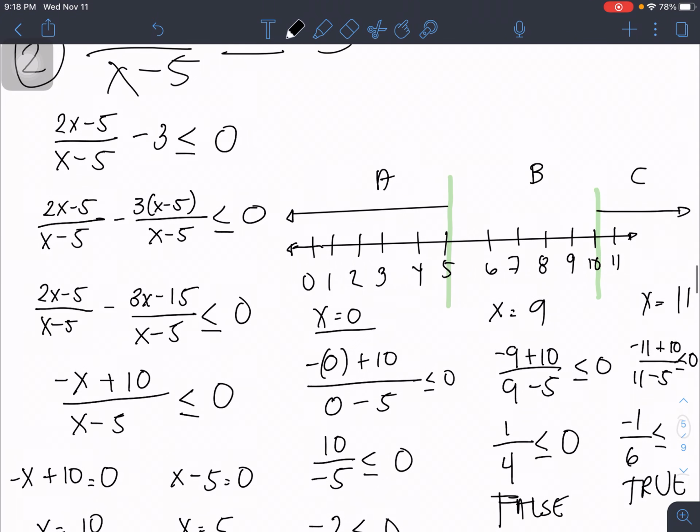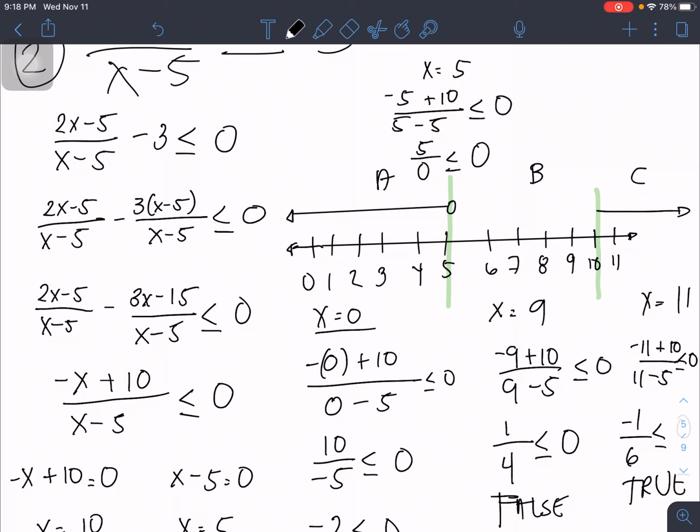So if 5 is included, let's check. -5 + 10 will be 5, and 5 - 5 is 0. And we already know that this is not applicable. So you should place an open circle here.